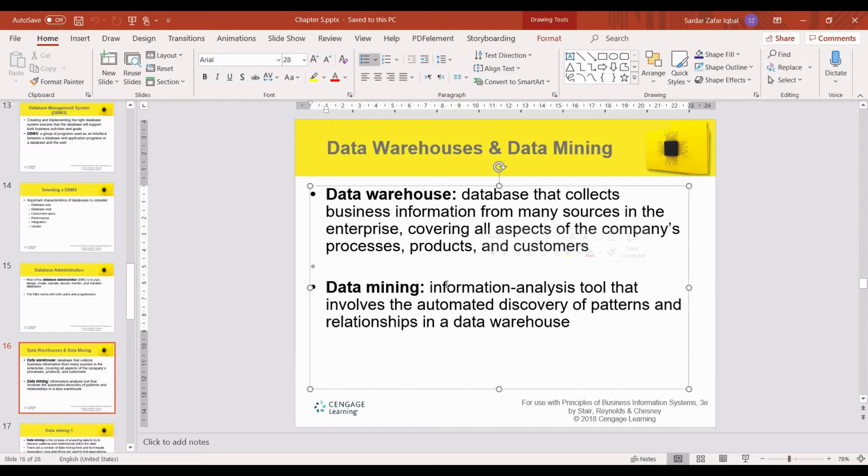Okay, did you get this point? It's a collection of databases from different sources. Data comes from different sources, and you have different types of data, different types of databases related to one organization, and you can store them in a data warehouse.